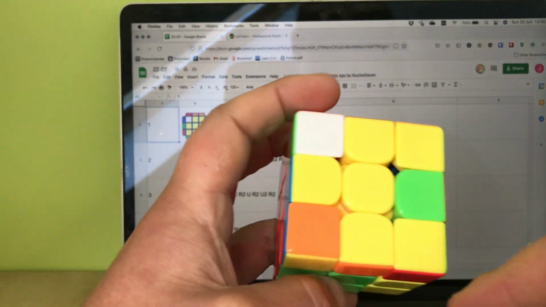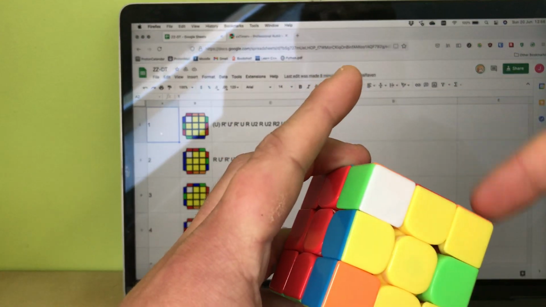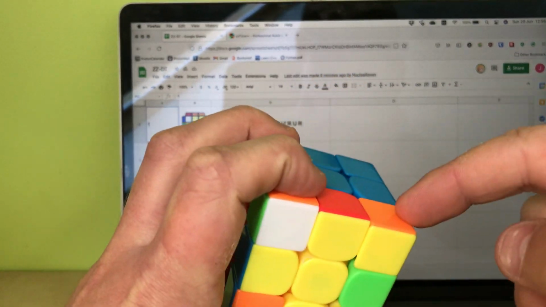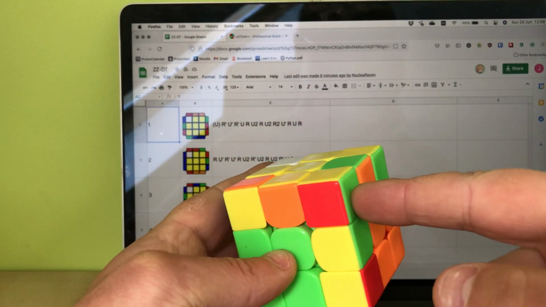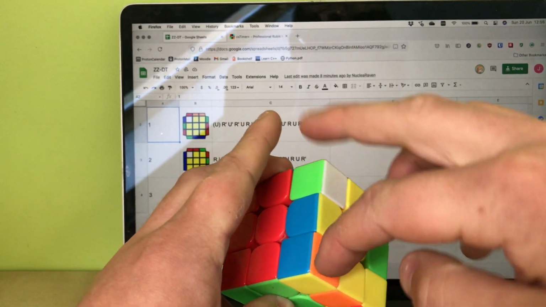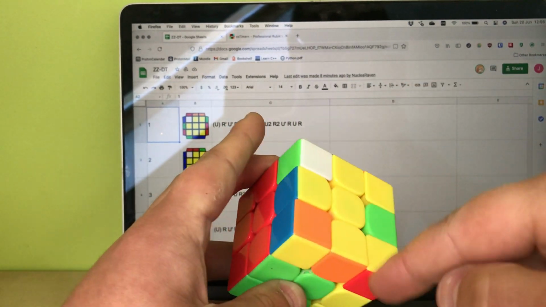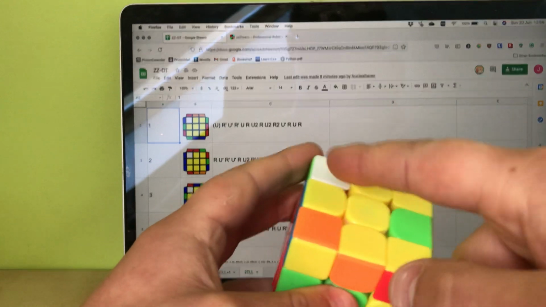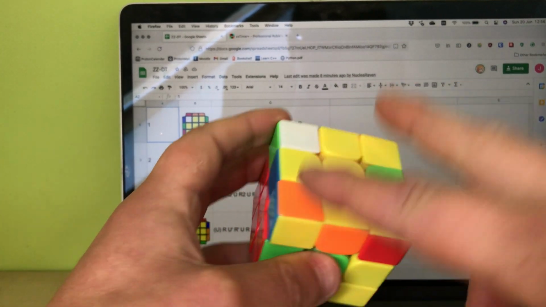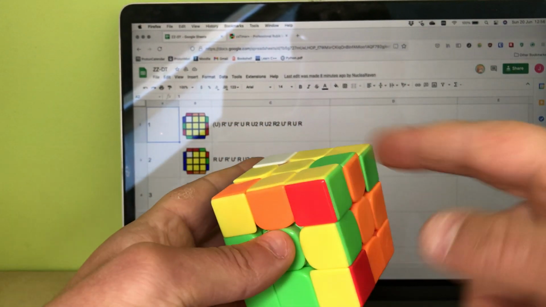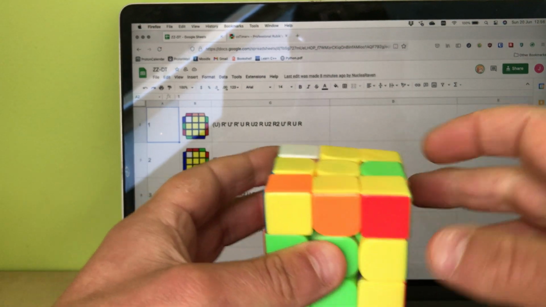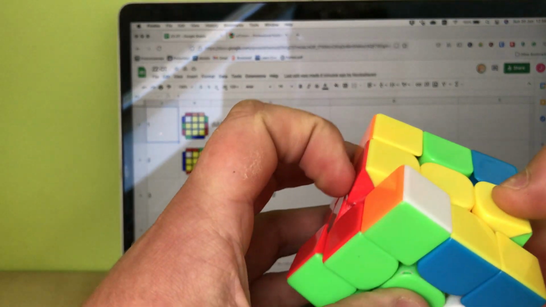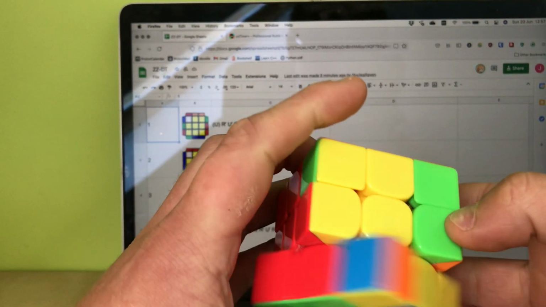So if you think about it, that red would go there and be opposite with that orange at the back. And that green would go there and be adjacent to that orange there. And this corner would be here. So what we have to do is a Diag swap. Or you could think about swapping those two. A Diag swap on U while inserting this edge, which has an alg, which is that.